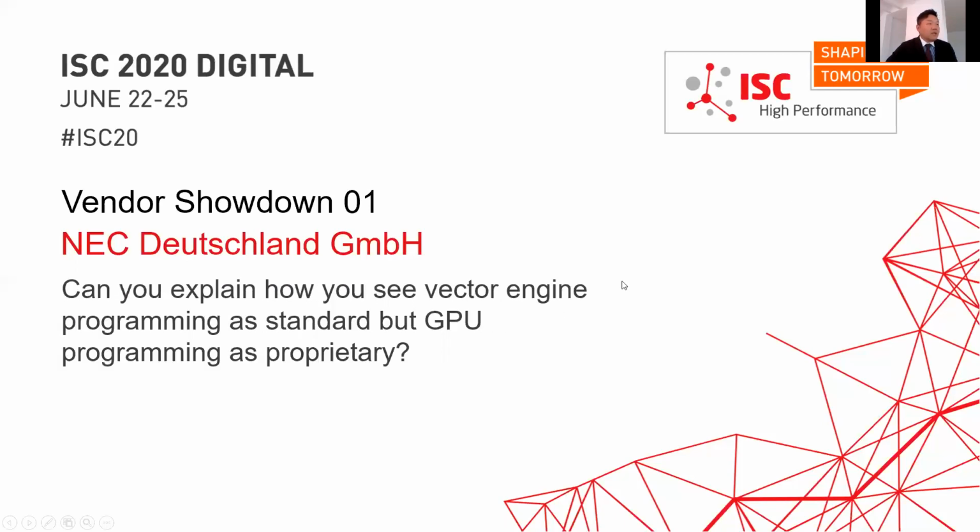And the third question, can you explain how you see vector engine programming as standard, but GPU programming as proprietary? Okay, as for Aurora programming, standard C, C++, and Fortran languages can be used. NEC's compiler provides automatic vectorization and parallelization functions.